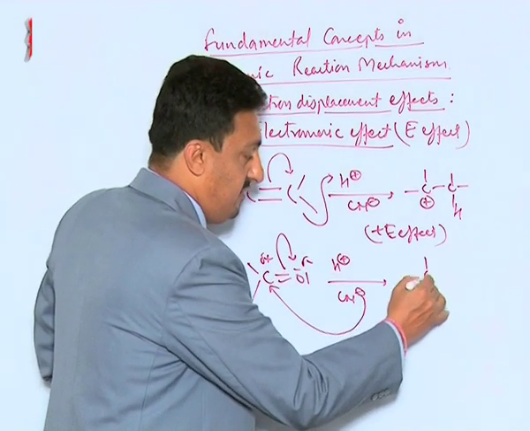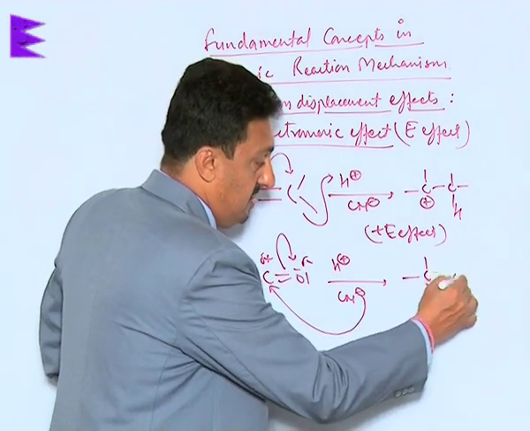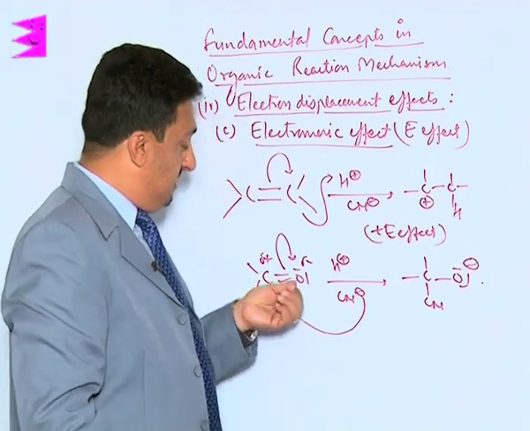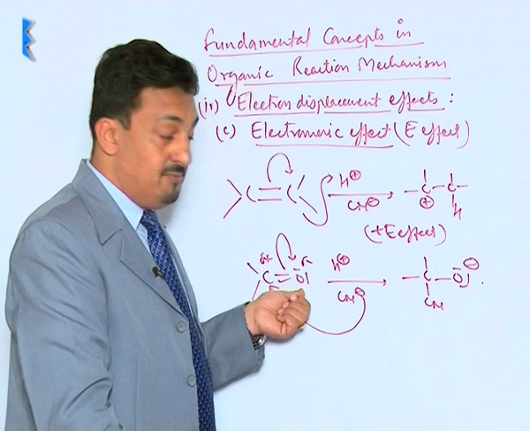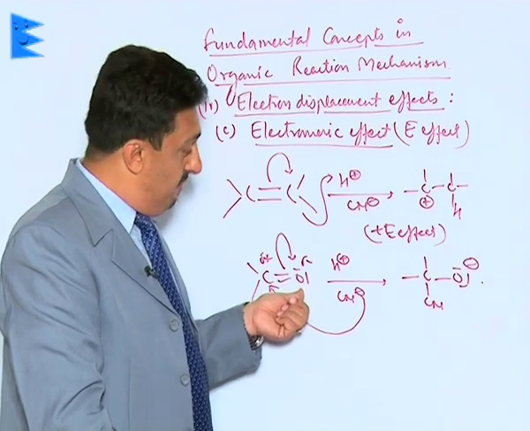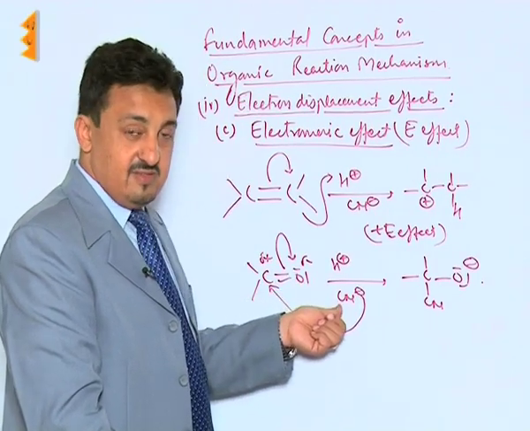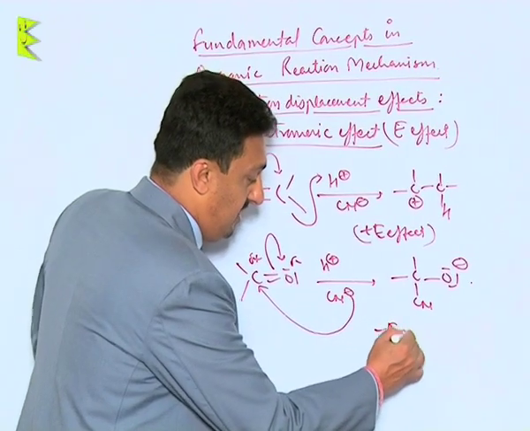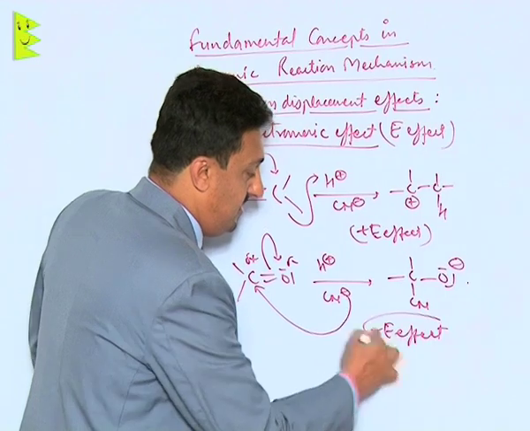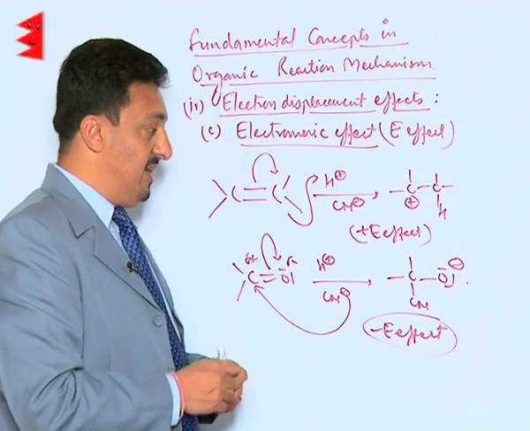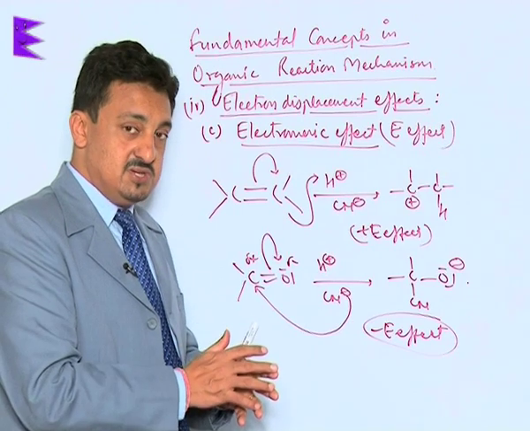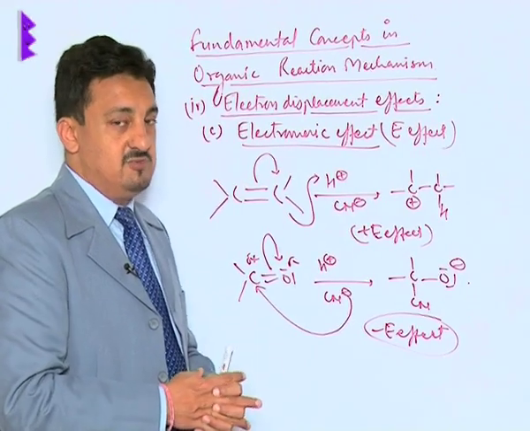As a result, the cyanide becomes part of this carbon and the oxygen acquires a partial negative charge. This shifting of pi electrons to the more electronegative atom in a polar multiple bond system under the influence of the attacking nucleophile is called the minus E effect. We call it minus E because the attacking species is a nucleophile. So all polar multiple bond systems show nucleophilic addition reactions, and all non-polar multiple bond systems show plus E or electrophilic addition reactions.